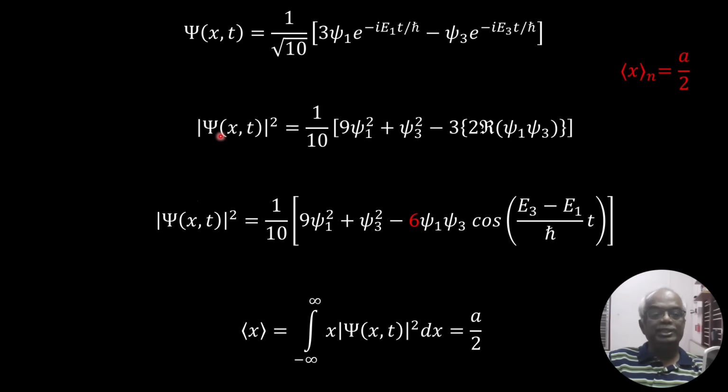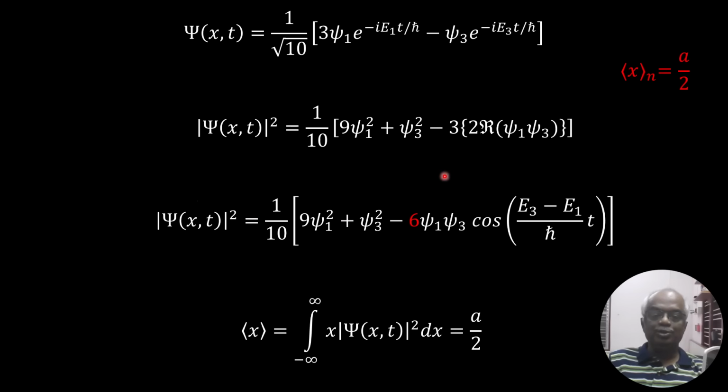So if you take the modulus square of this, you will get 1 over 10 times 9 psi 1 squared plus psi 3 squared minus 3 times 2 times the real part of psi 1 and psi 3. R represents the real part.